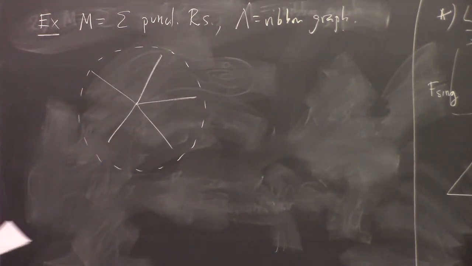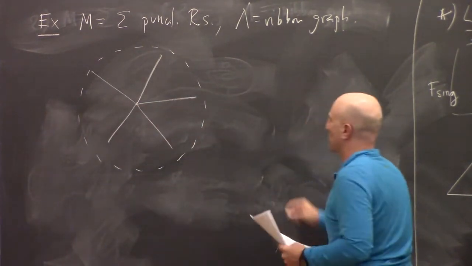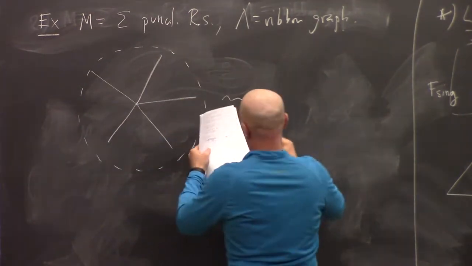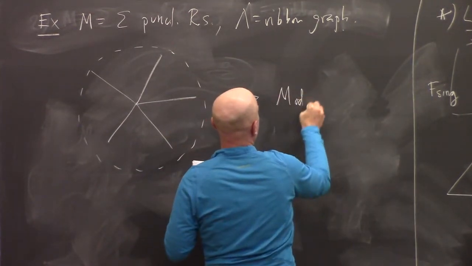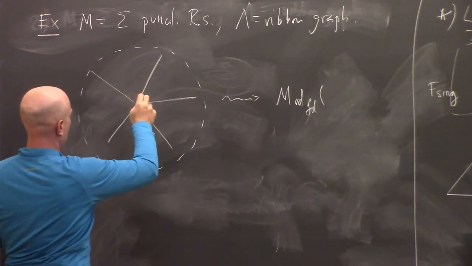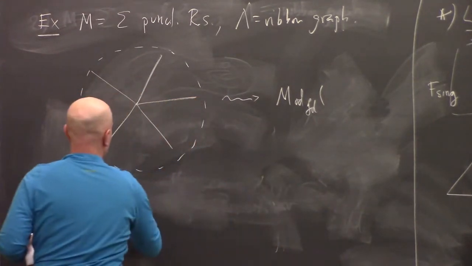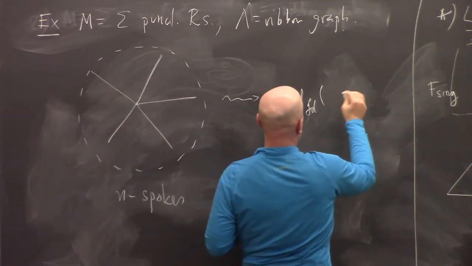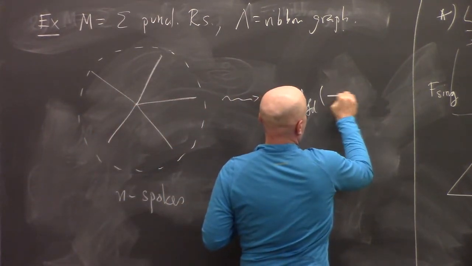Then I think most experts in the subject will know that what you're supposed to assign to this small thing is the modules, say finite dimensional modules, over the quiver with the number of nodes being one less than the number of spokes here. So if this is n spokes, then you should assign modules over the A_{n-1} quiver.